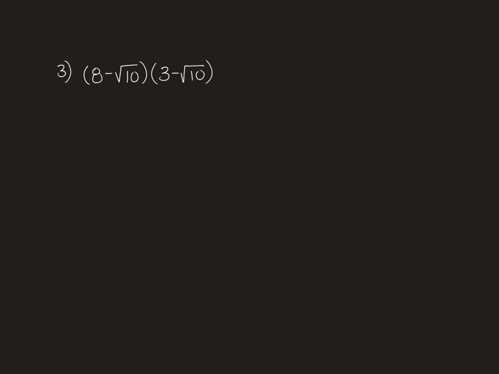Last example, we have 8 minus square root of 10 times 3 minus square root of 10. So we FOIL. Multiply the first. 8 times 3 is 24. Outside we get negative 8 square root of 10. Inside we get negative 3 square root of 10.